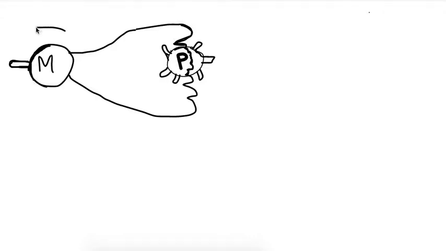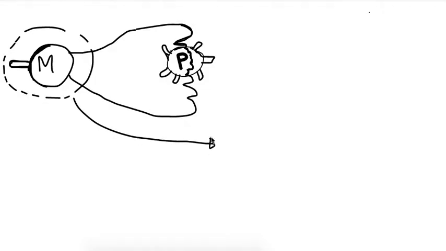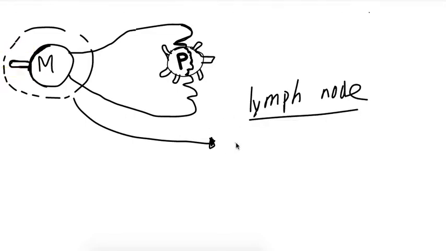And then this macrophage will travel to a lymph node, and it will present this antigen to a helper T cell.